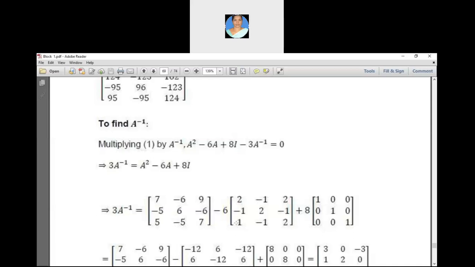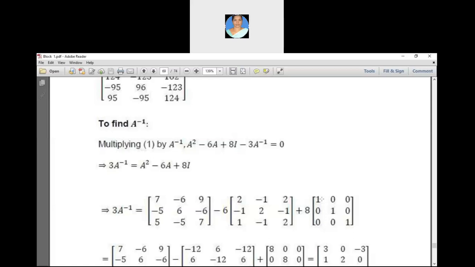Plus 8 of the identity matrix. What is our identity matrix? Our problem is a 3 cross 3 matrix, so we take the identity matrix 3 cross 3, that is 1 0 0, 0 1 0, 0 0 1.